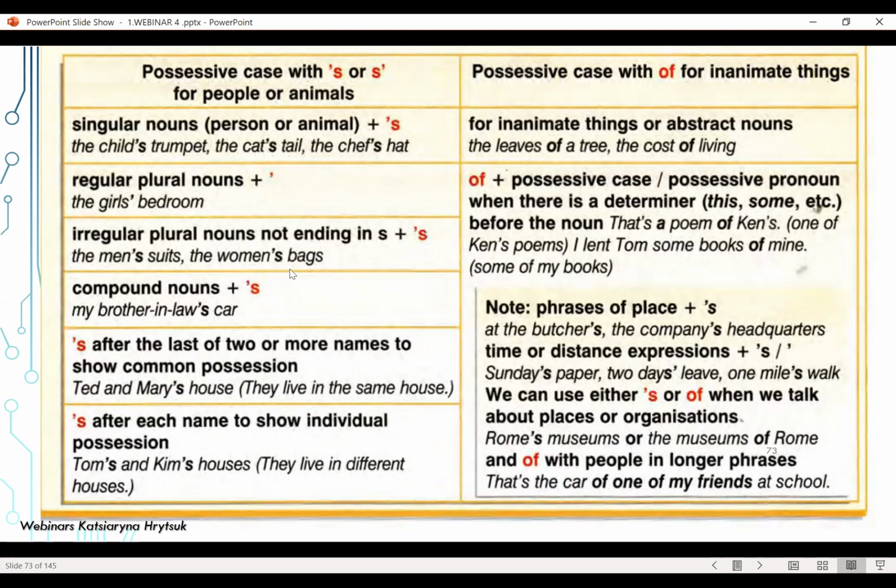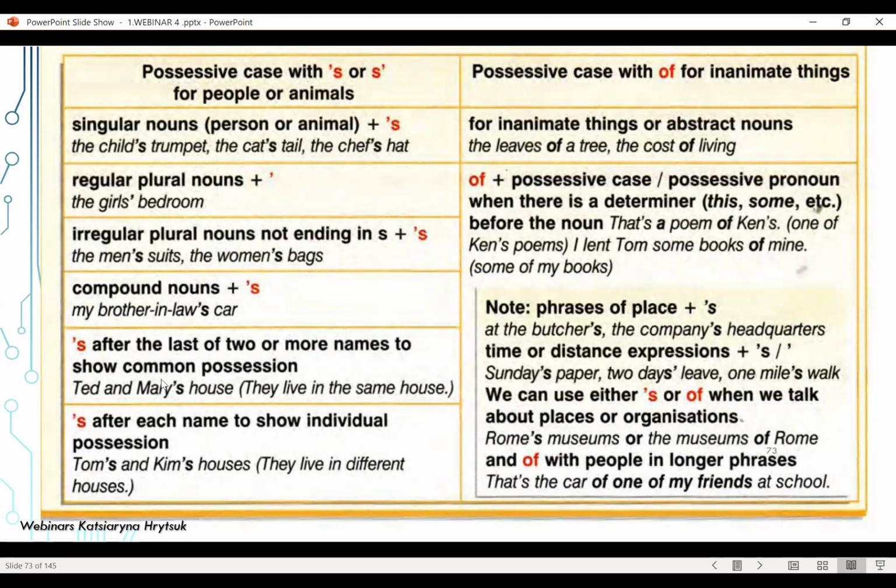If we have 2 or more names, to show common possession, we usually add apostrophe s to the second one. Ted and Mary's house. House, only one. So it belongs to these 2 people. So the apostrophe we place on the second name.